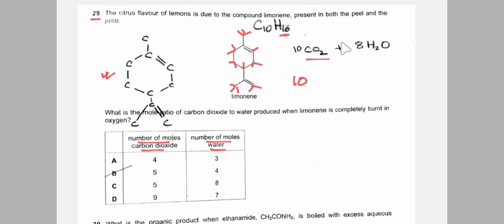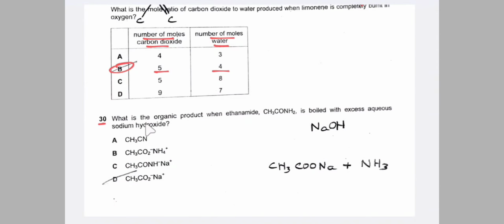So in total 16 hydrogens, that is 8 water is formed. If we calculate the ratio, then 10 is to 8, that is 5 is to 4. So carbon dioxide to water is 5 is to 4. That is B.